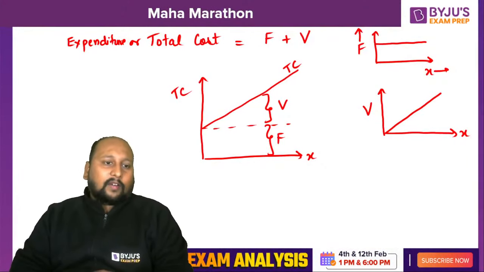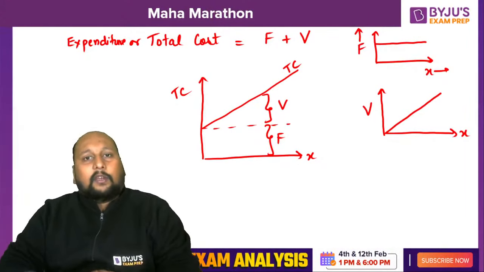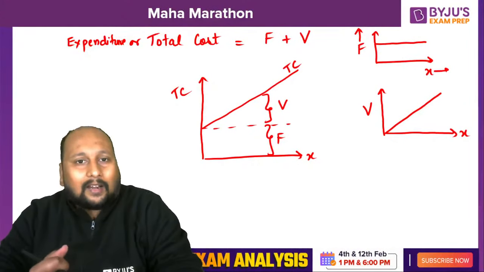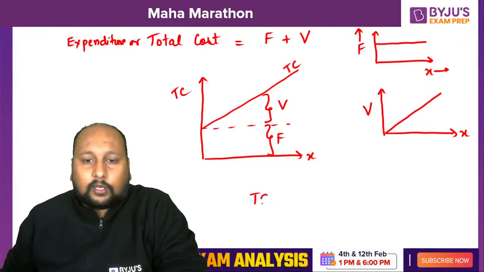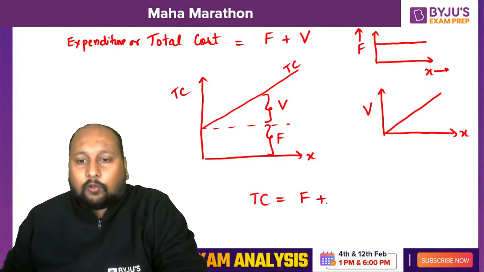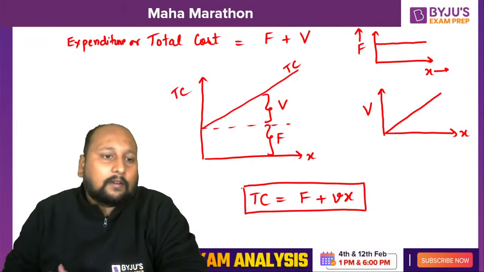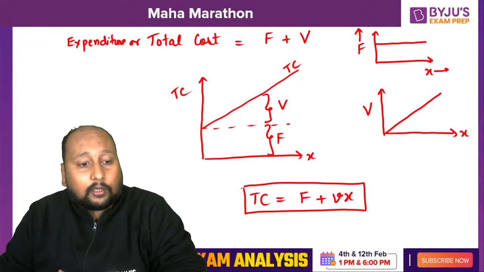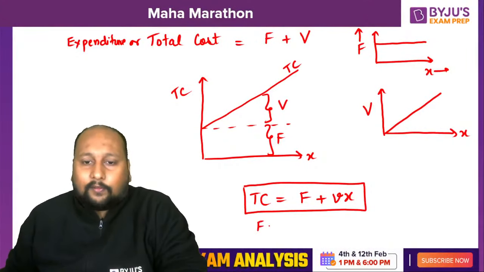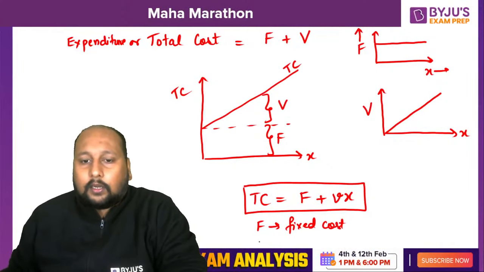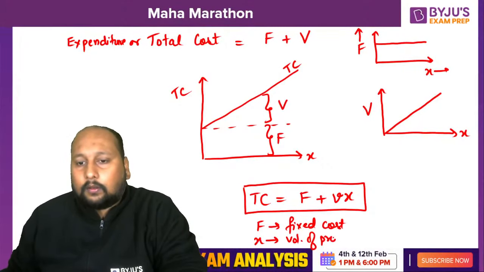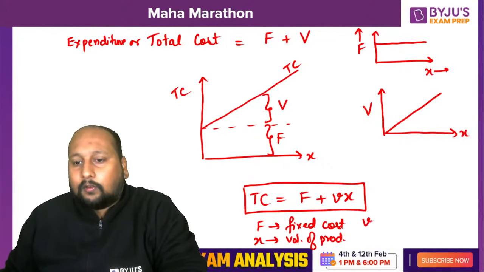Okay. If I ask you one very easy question, when you have zero volume of production, do we have any cost? What is the value of the total cost at zero volume production? Here F resembles the fixed cost, X resembles the volume of production, and small v resembles the variable cost per unit.